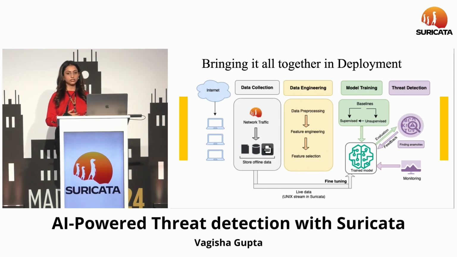Or if the model is giving a lot of false positives, you have to change the action and mark it as normal data or anomaly data, and give it back to the model to retrain or fine-tune the model. Yes, so that's how it works in deployment.